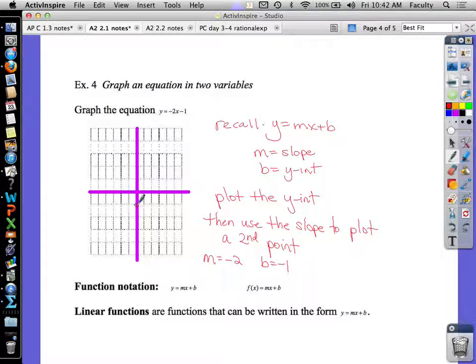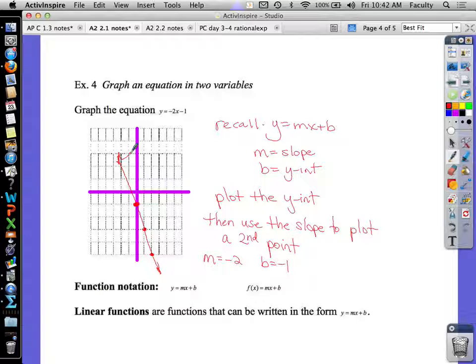So I'm going to plot the y-intercept, and then remember, slope is rise over run. So I'm going to go down 2, right 1, down 2, right 1. And then you'll just draw a line through that. Okay?